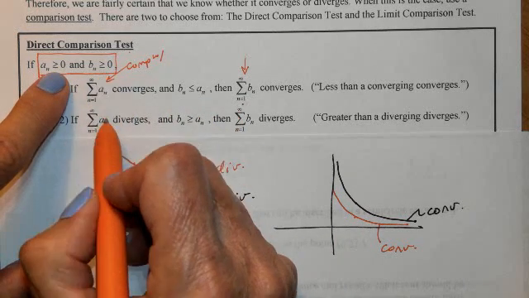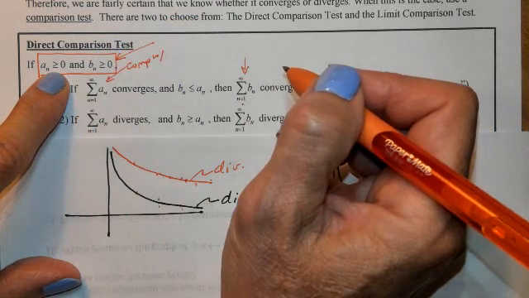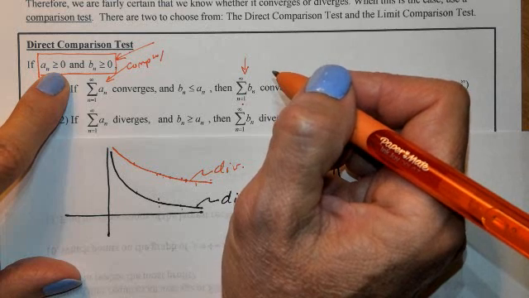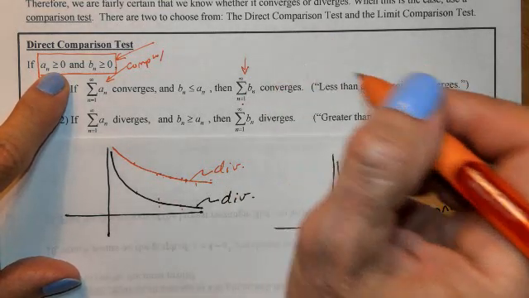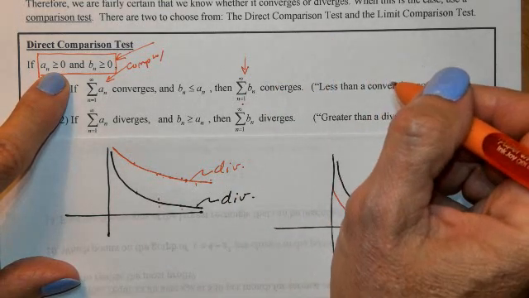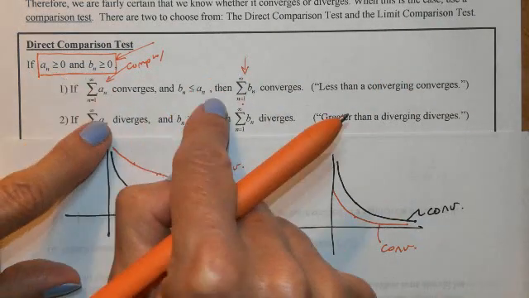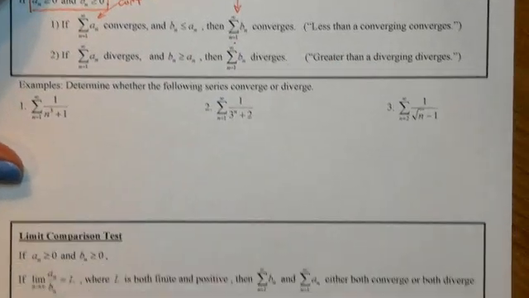They're greater than or equal to 0. So we must always state that. Just like you always had to state before you used the integral test that the function was positive, continuous, and decreasing, you must state that all of your terms are greater than or equal to 0 before you can use a comparison test. Okay, let's take a look at some examples.